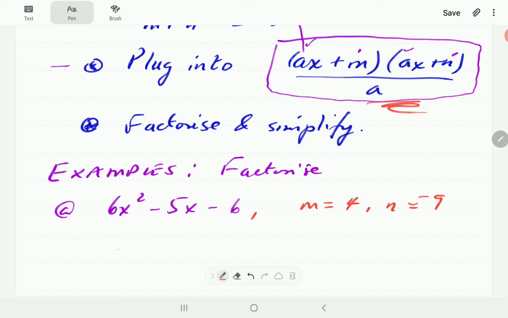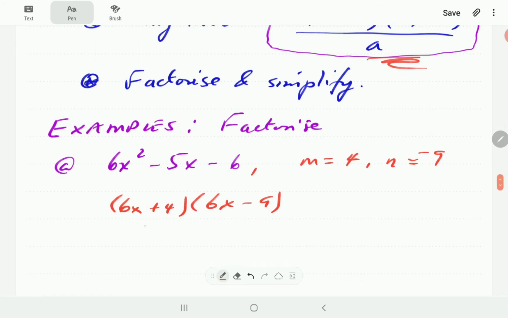So a is 6, so it's going to be 6x plus 4 into 6x minus 9, all divided by 6. Everything has been done correctly here. The 6 in the denominator should always cancel out, because we started with an expression which does not have fractions here.